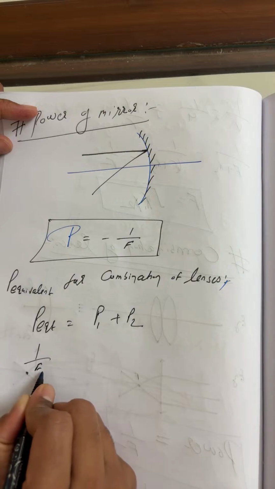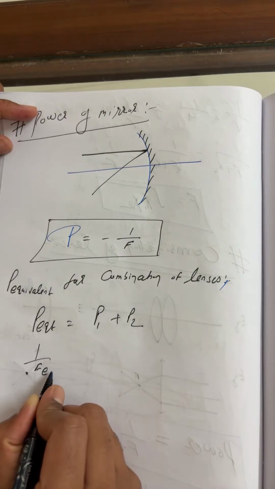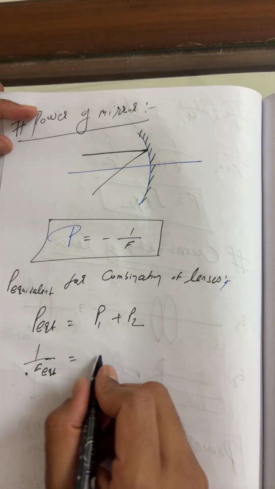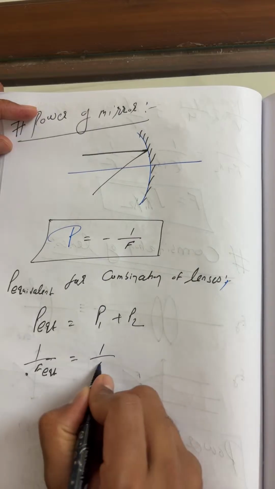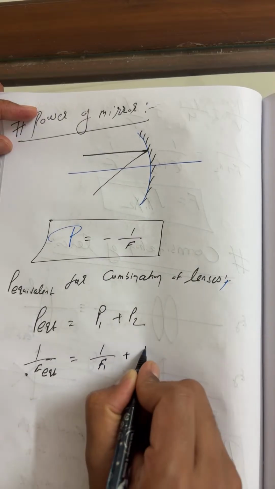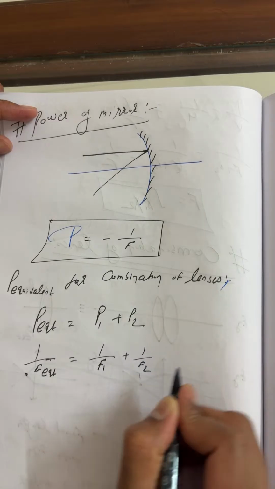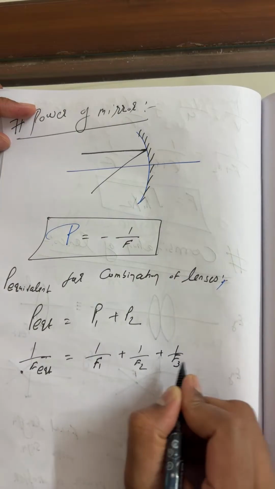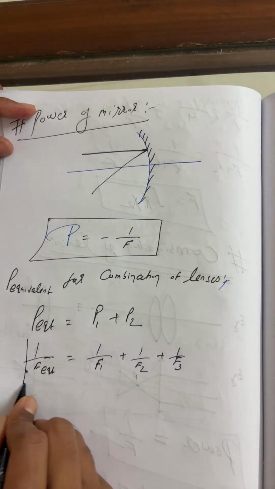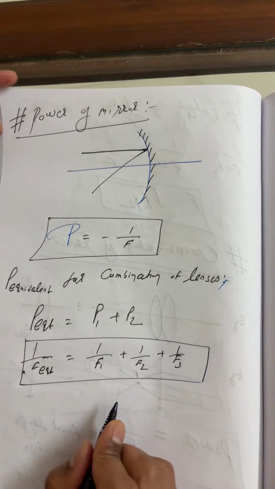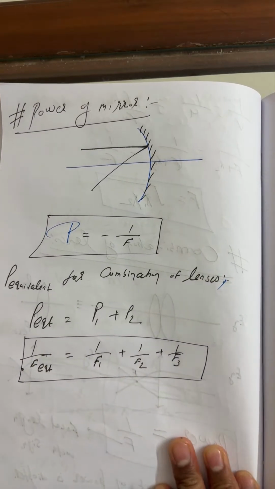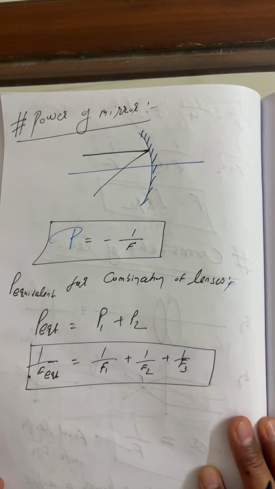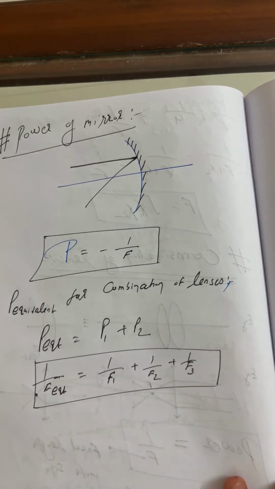So you can write 1 upon F equivalent is equal to 1 upon F1 plus 1 upon F2 plus 1 upon F3 and so on. Just keep in mind, students, F1, F2, F3 with sign convention only, right? So, beta, keep these points in your mind.